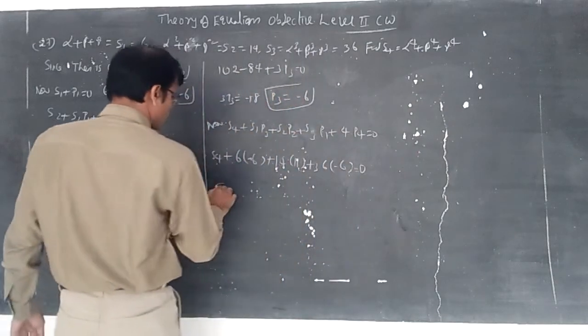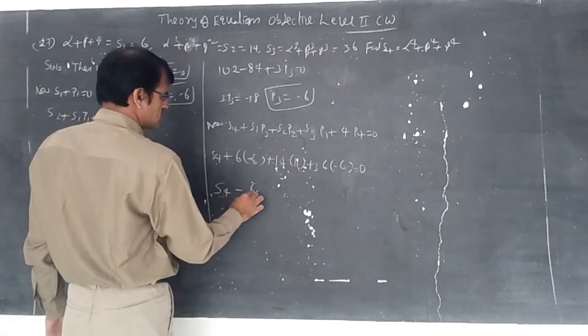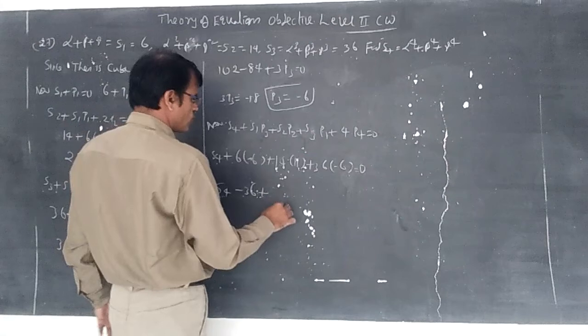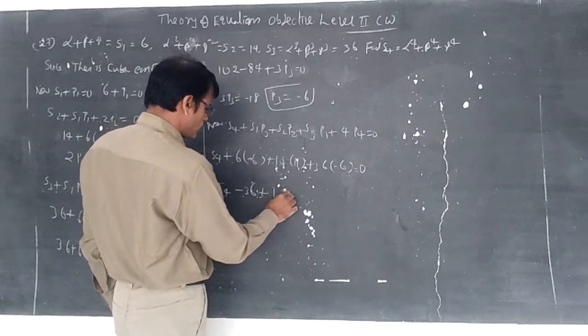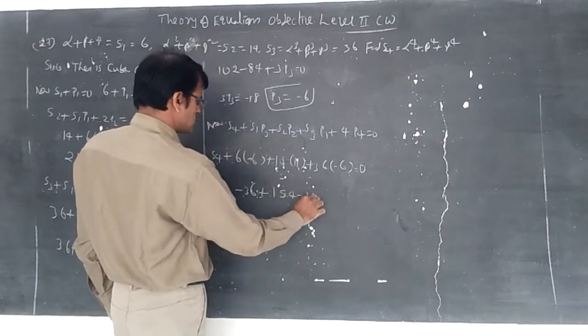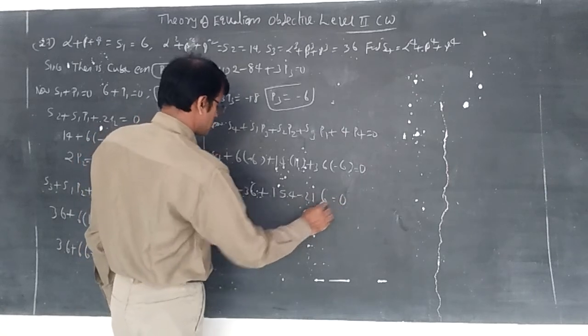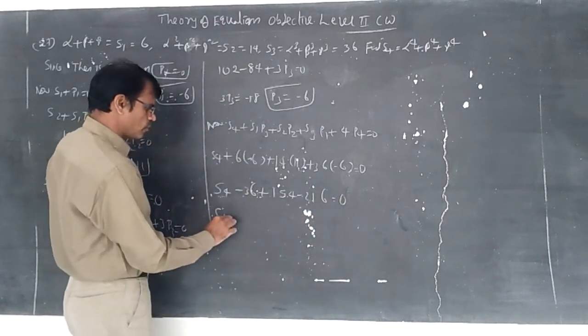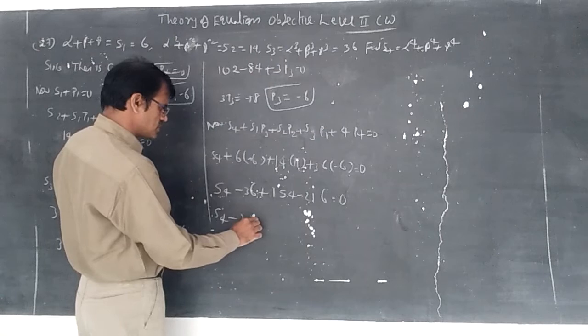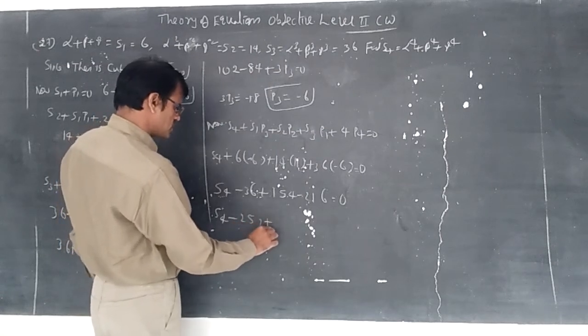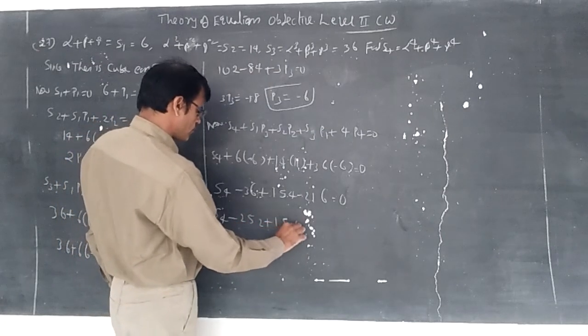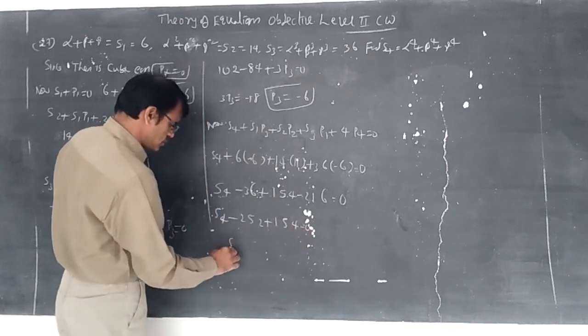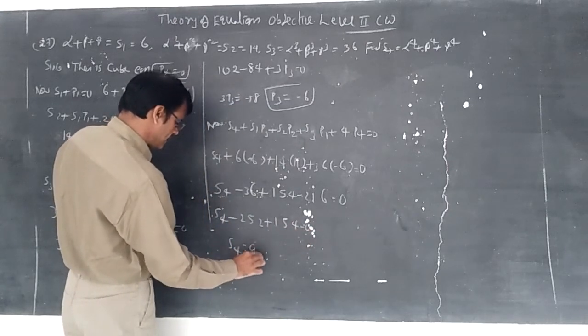So S4 minus 36 plus 14 into 11, 154, minus 216 equal to 0. So S4 minus 252 plus 154 equal to 0. So S4 is equal to 98.